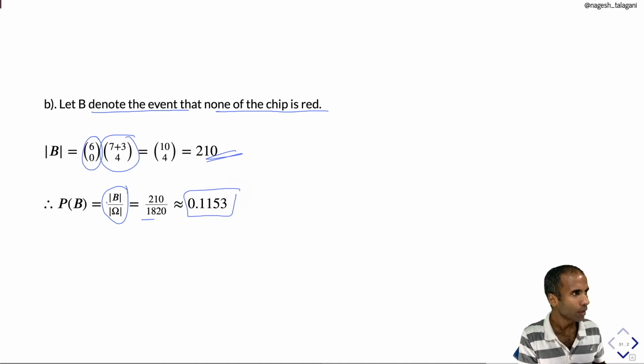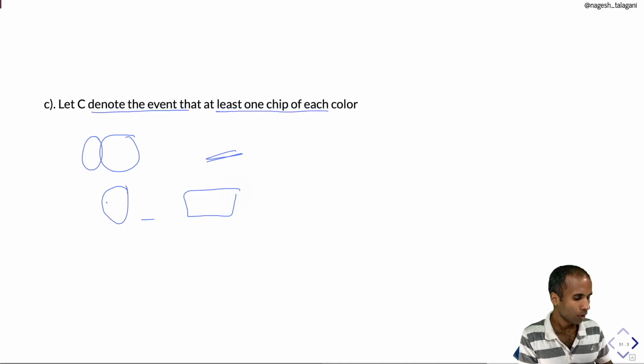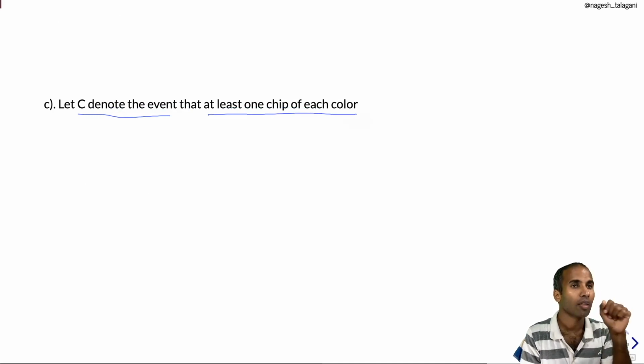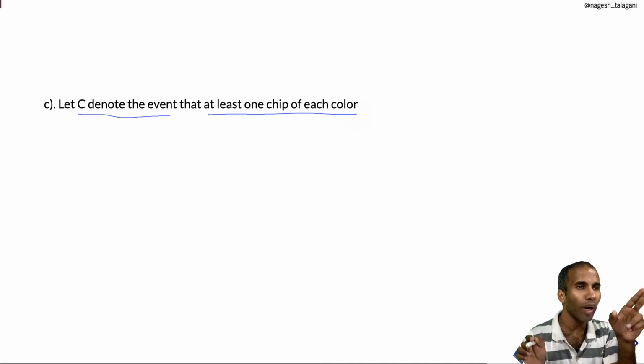Next, question C. Here capital C denotes the event that there is at least 1 chip of each color. This can happen in one of 3 ways. We may have 2 red, 1 white, 1 blue, or 1 red, 2 white, 1 blue, or 1 red, 1 white, 2 blue, right?